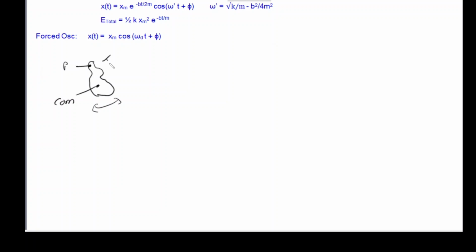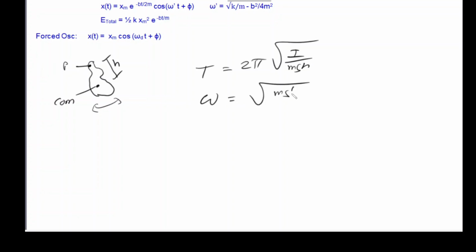Well, if we take this distance h between the point it's pivoting on and its center of mass, we can find that the period for a physical pendulum is equal to 2 pi times the square root of I over mgh. Omega is equal to the square root of mgh over I. And in this case, I obviously is more complicated.